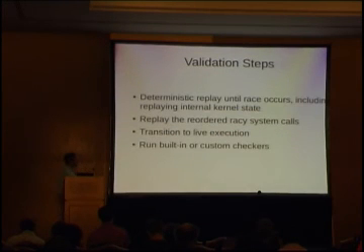So basically, we create that log file, and we do a deterministic replay until the modified portion, but we keep replaying the kernel internal state. Then we replay the reordered race system calls, and then we transition to live execution. We can do so because we replay the internal kernel state. If we were to fake system calls in their place, we would not be able to do that.